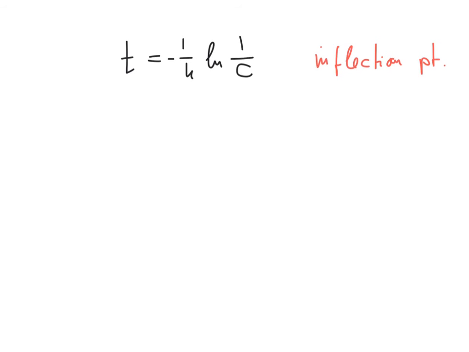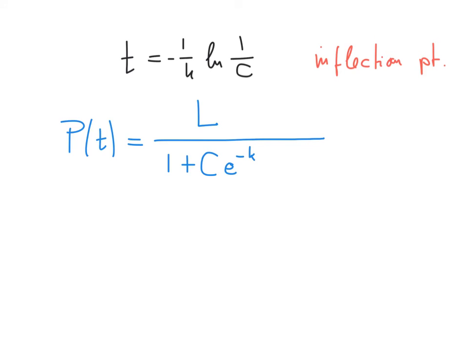So what is the value of the function? Let's plug this back into p. So let's compute p of t at this specific t, right? It would be L over 1 plus c times e to the minus k, and now we have to plug all this t back in here, so it would be minus 1 over k times ln 1 over c. Now let's try to unravel this.